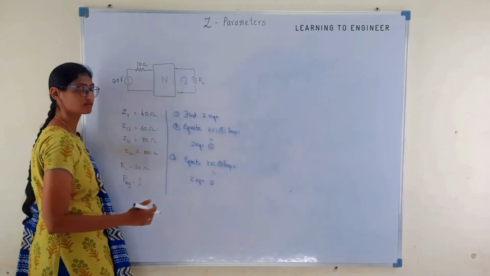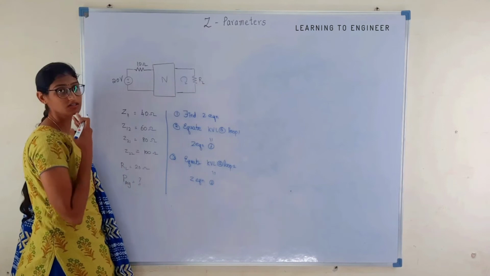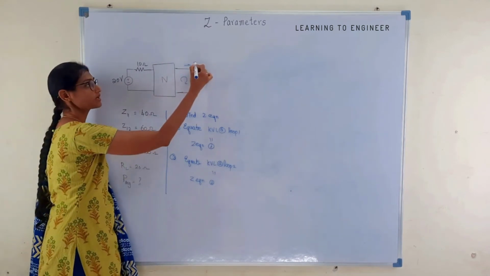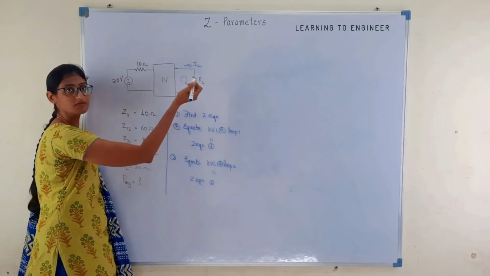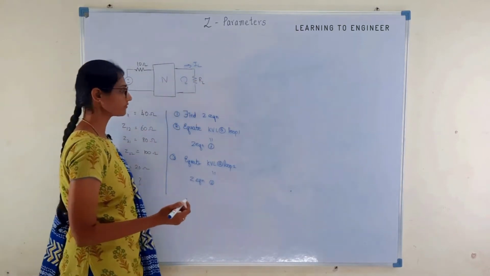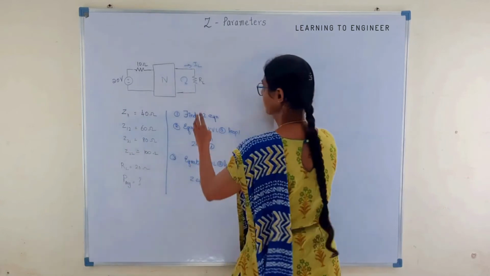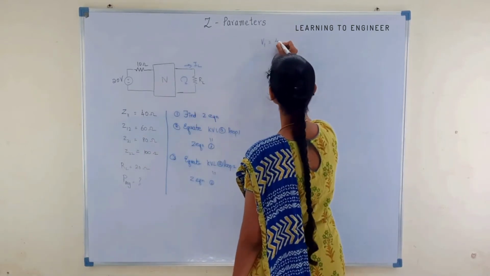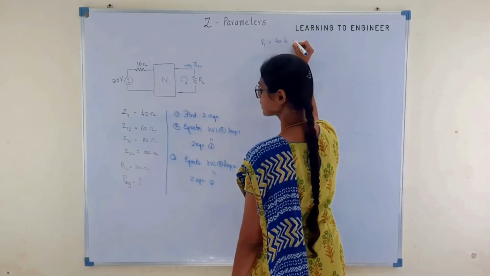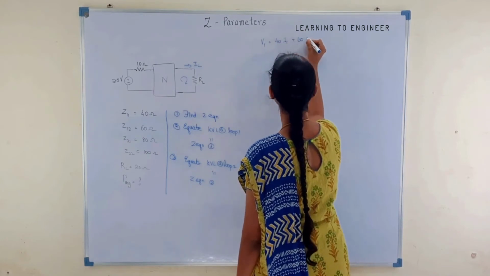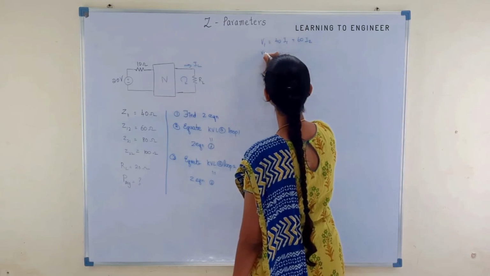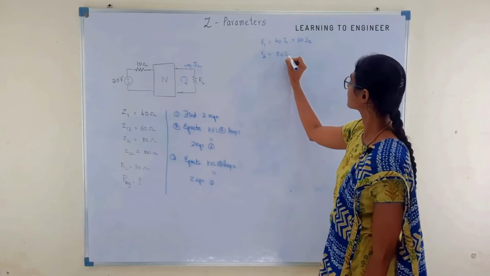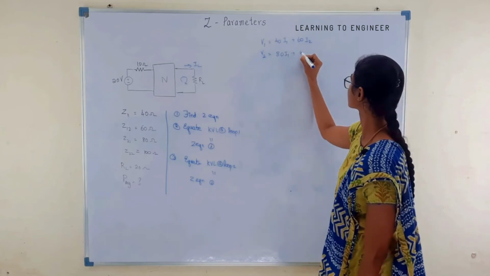Using this we will be able to find the parameters I1 and I2. With the help of I2 we can find the average power delivered to this load. So what are the Z equations? V1 is equal to 40 I1 plus 60 I2. V2 is equal to 80 I1 plus 100 I2.